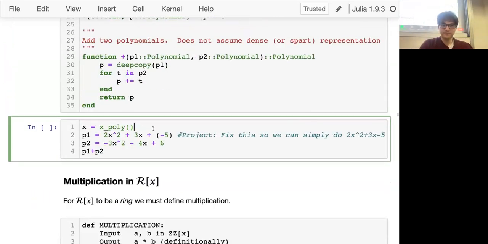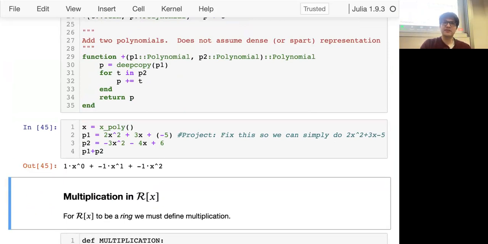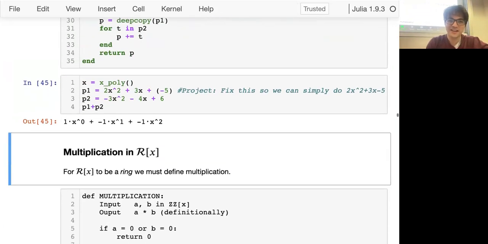Is there an addition task for you guys? Yeah, you just have to make sure, because the addition that we implemented presumes a different internal structure of the polynomial, that it all works. The only difficult part here is making sure you're not putting in zeros when you're not supposed to. That's the troubling part.